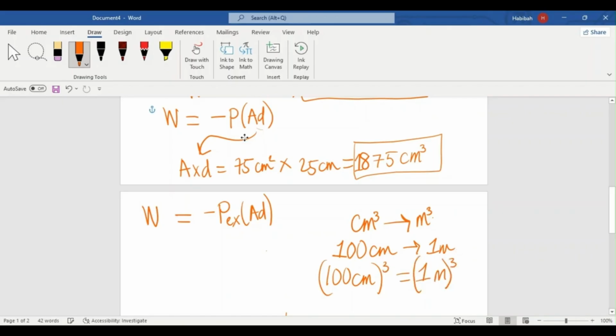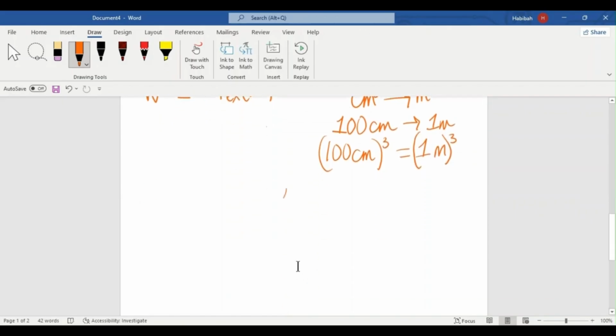Doing the math means 100 times 100 times 100, which is 1 million centimeter cubed equals 1 meter cubed. So we're going to use this information to solve.